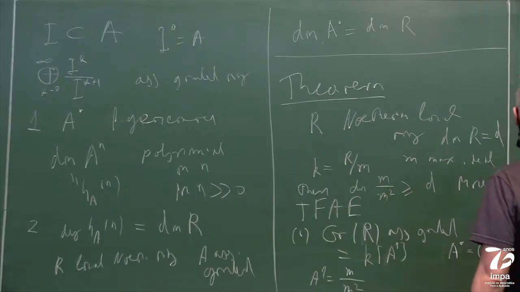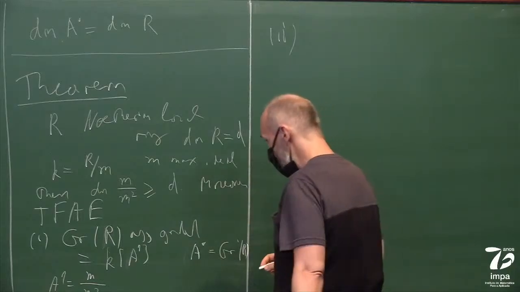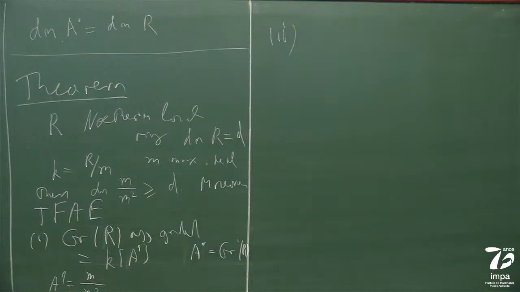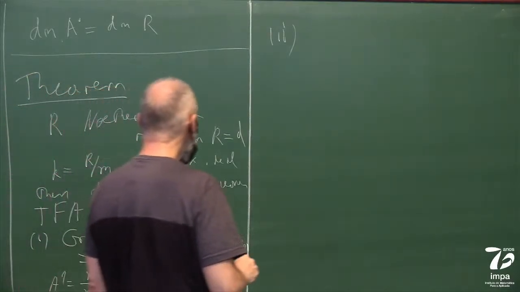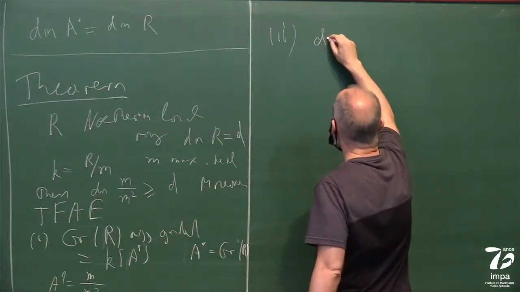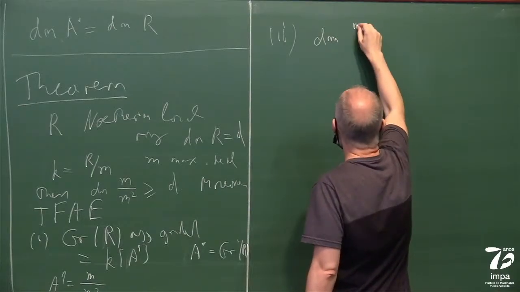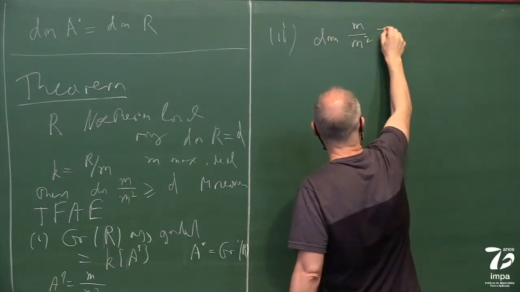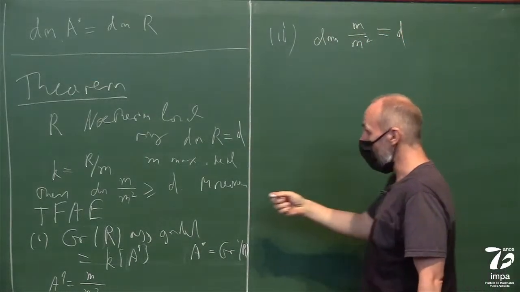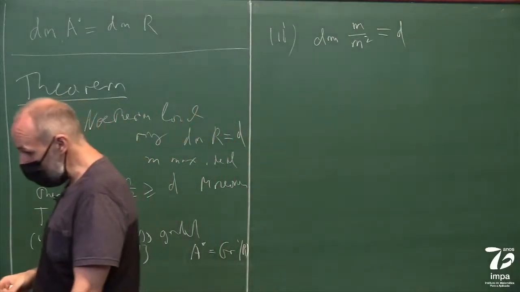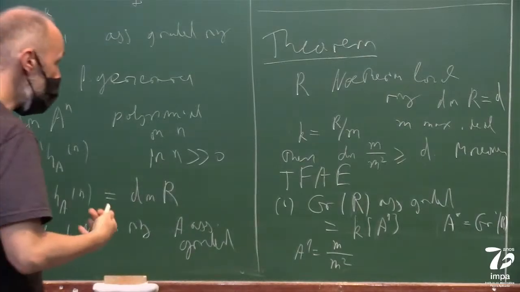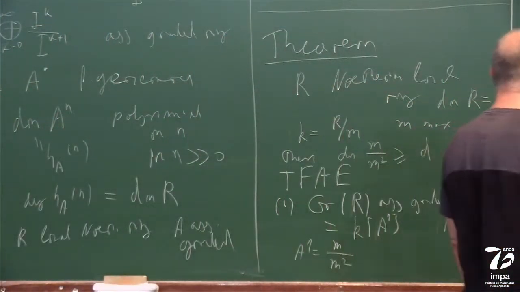The second condition is that the dimension of this space A1, M quotient by M square, is equal to d. By the first statement, it's no smaller than d, and the condition is that it is exactly d and not bigger.